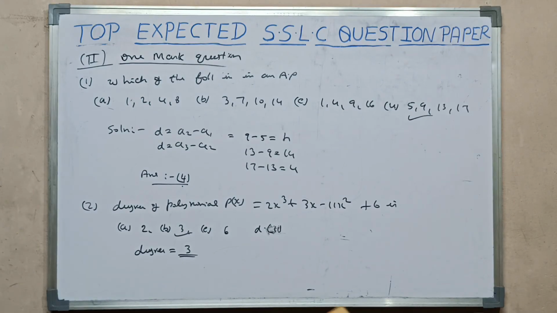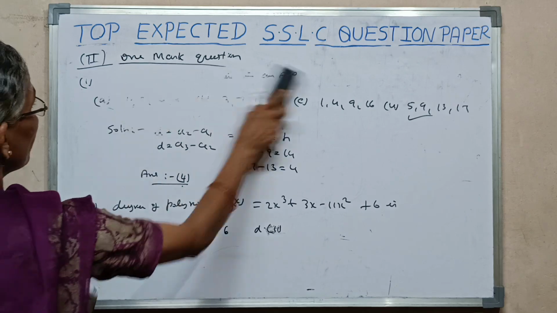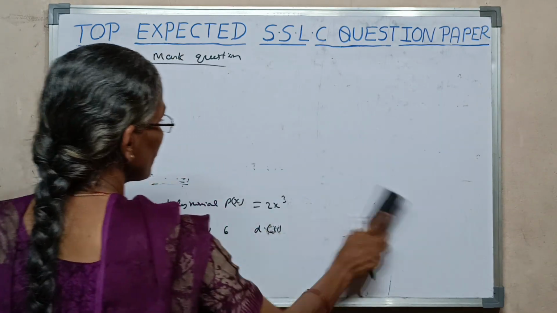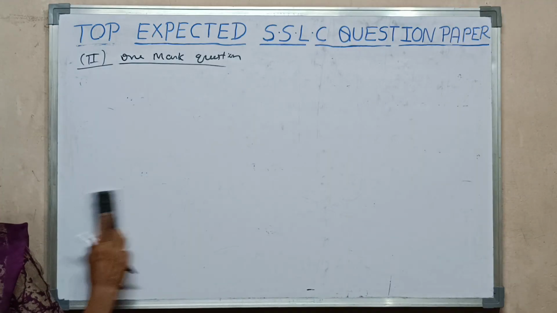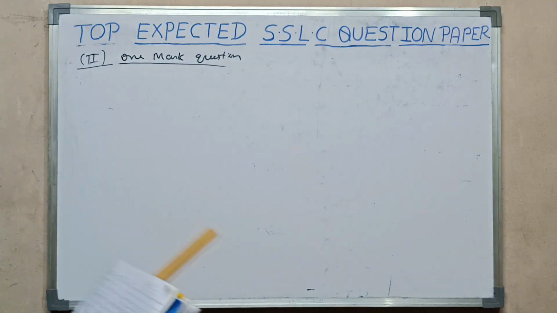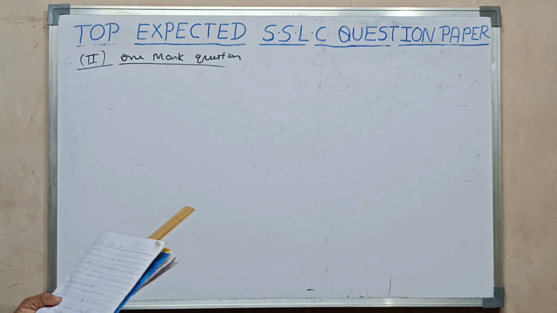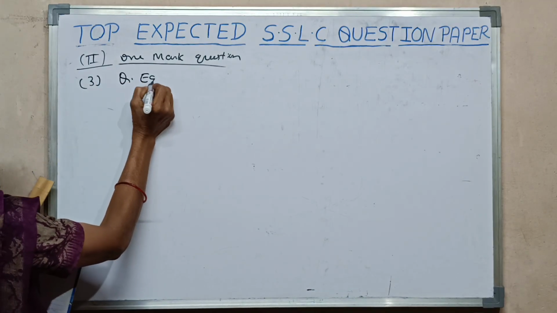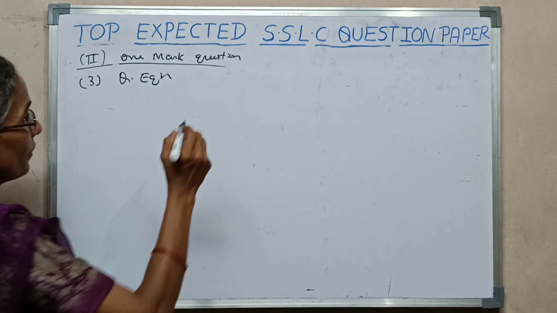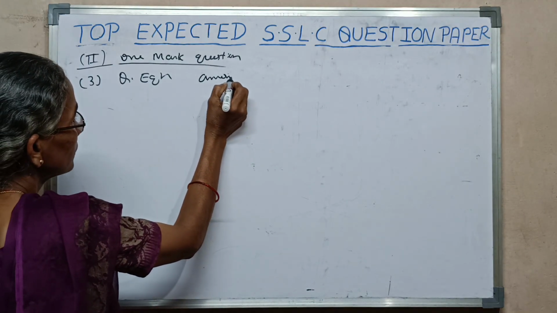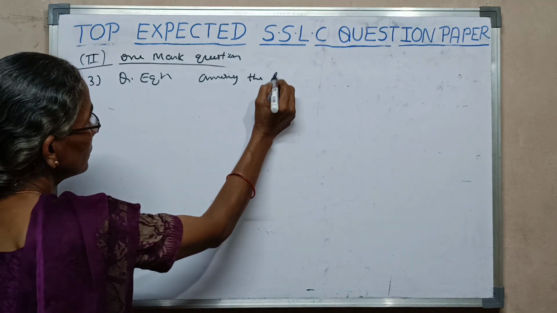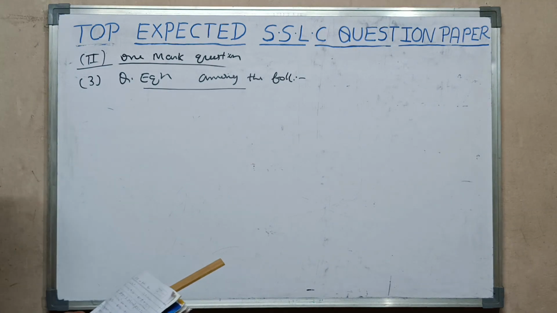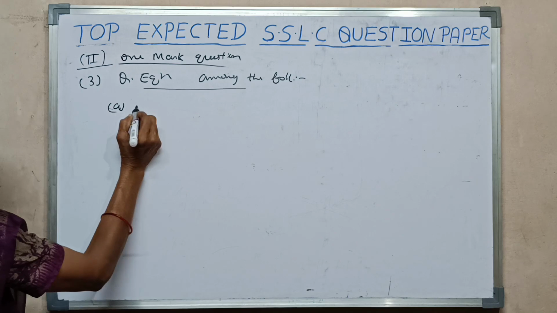Next question. Third question. The third question is: the quadratic equation among the following is. The first is x plus 2 equal to 0.